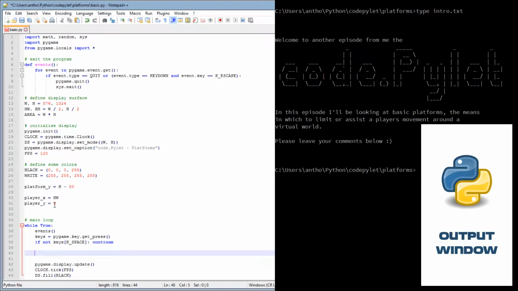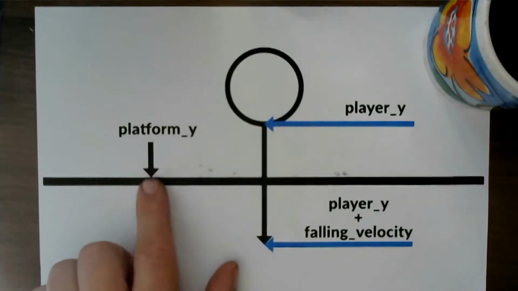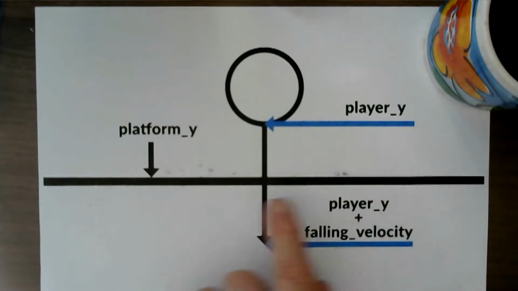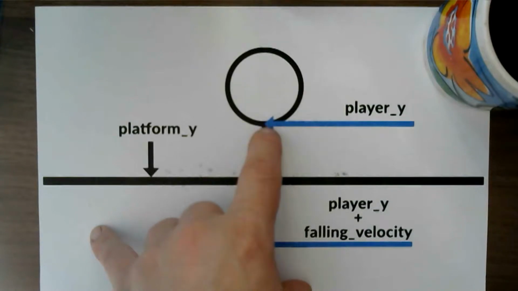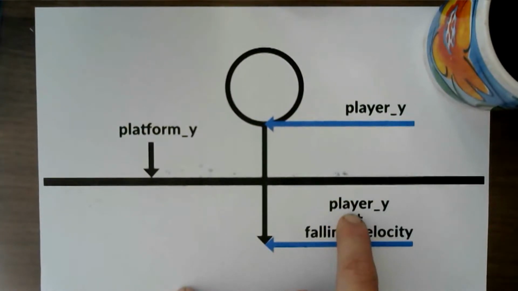If we come over to this, I'll show you exactly what we're going to be testing for in this particular version of platform. We have our platform y here, and we've got the player up here, and that's where the player is right now at player y. What we need to do is add the falling velocity to the player.